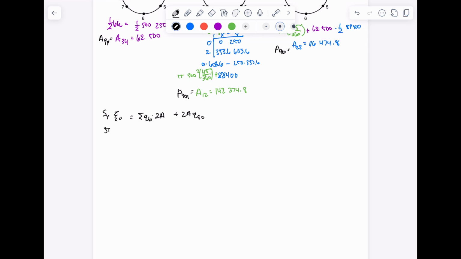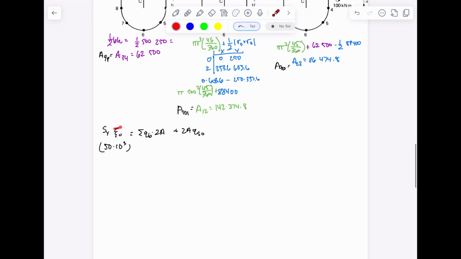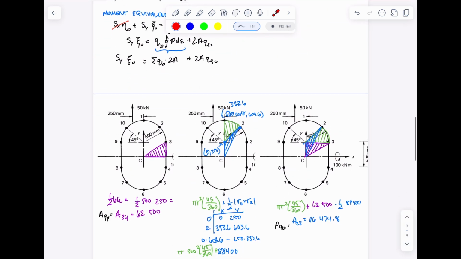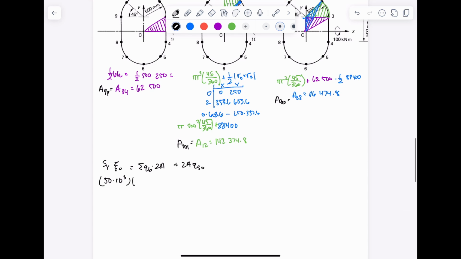Again, we just need to apply it here. 50 times 10 to the power 3 times the distance. This right here is the distance. We can see it here. We have put that here, which is 250.